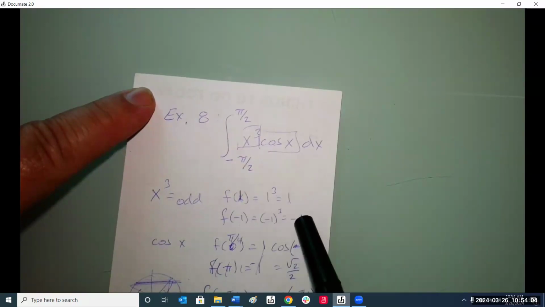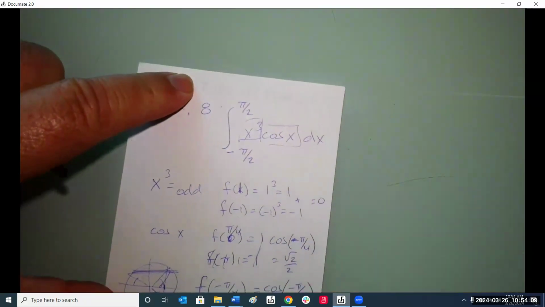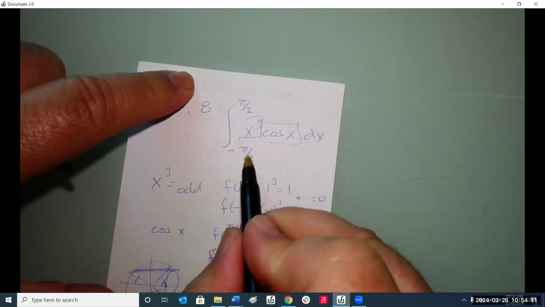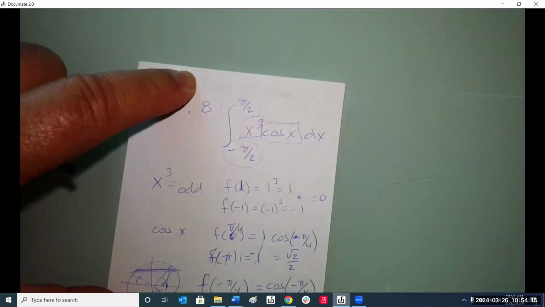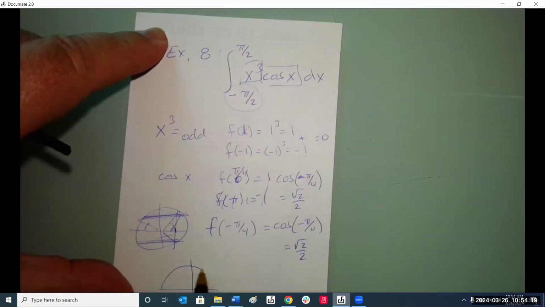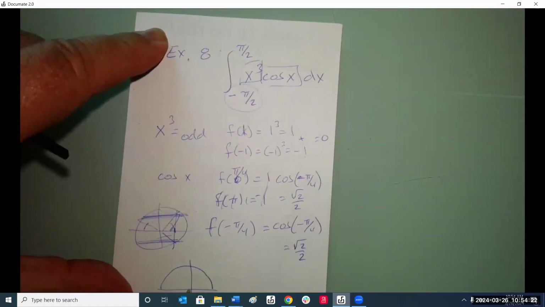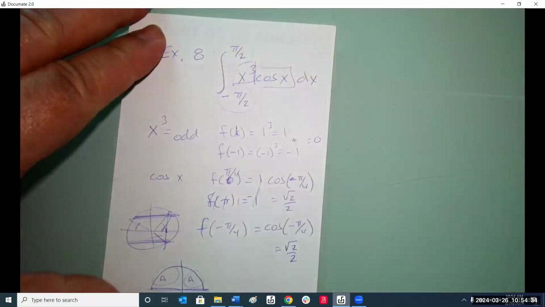And if I added these two together, I get 0. Because this is symmetric about negative pi over 2 and pi over 2, it's kind of like what we had earlier with the semicircle. This half of the circle and this half of the circle are the same, but this side's the negative, this side's the positive.